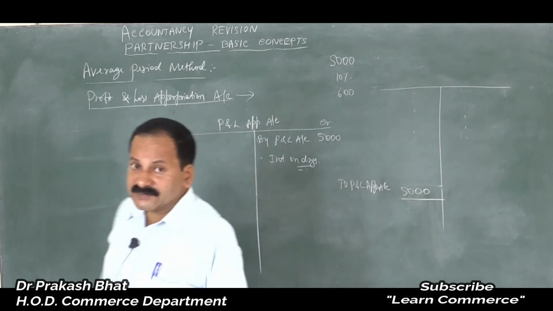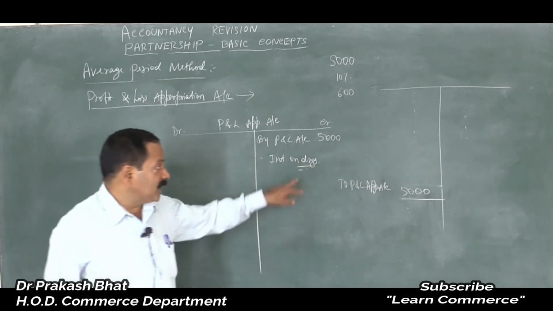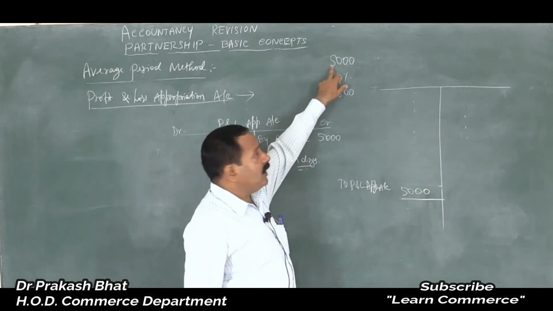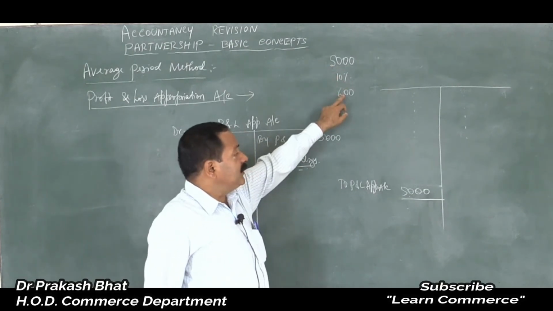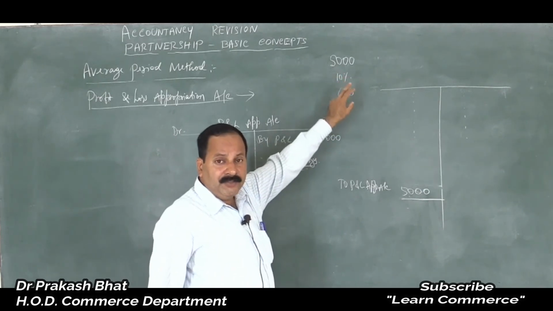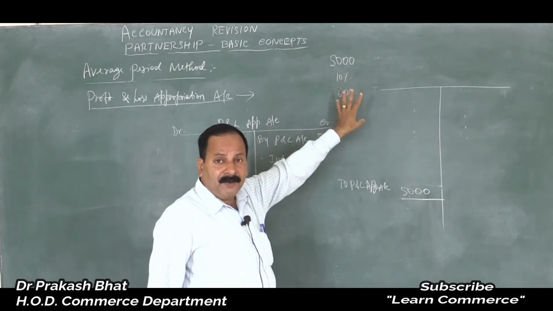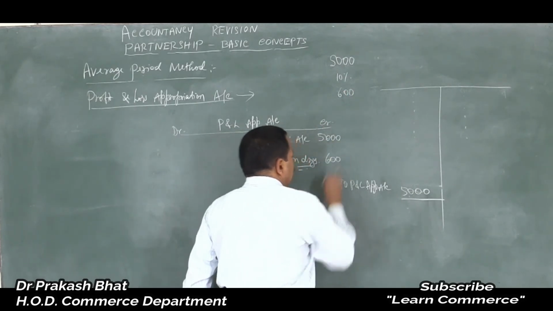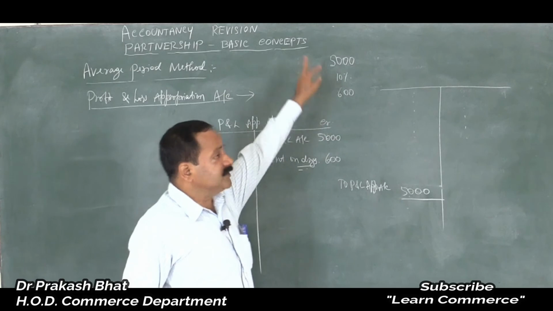In this case, how much interest on drawings will you record here is the question. If the interest on drawings amount is given in the problem, straight away take that amount, write here 600 interest on drawings, and forget about the percentage and amount drawn.